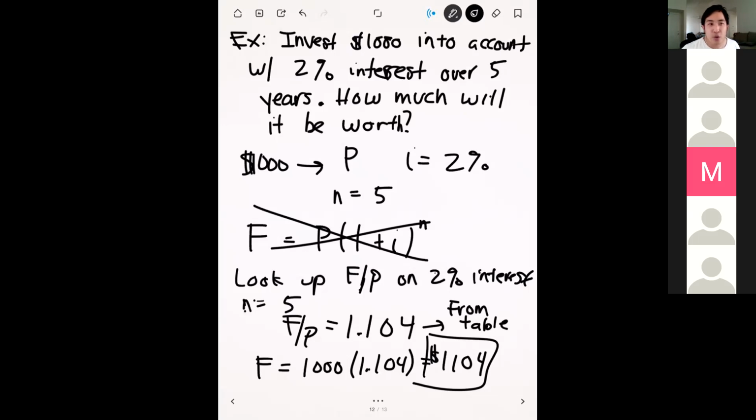In that case, where you have a weird interest rate that doesn't match up to a whole number or a nice decimal, you have to use the formula. That's why I teach you both. If you have a nice interest rate, you can use the table and it makes it easy. Most of the problems I give you in this class will have nice interest rates.